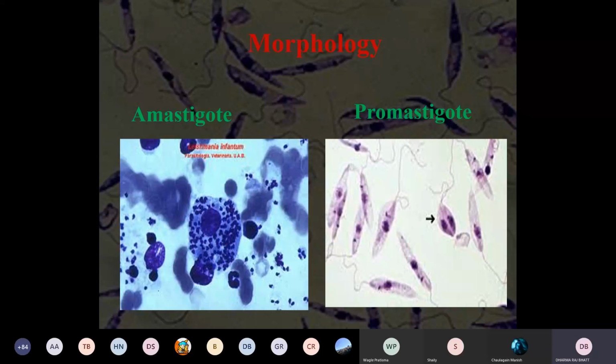So the basic difference is the presence and absence of flagella in these two morphological forms. That's why they have been named amastigote, without flagella, and promastigote, with flagella. Now, Mastigophora, you must know, have as an important characteristic feature the presence of a single flagellum.